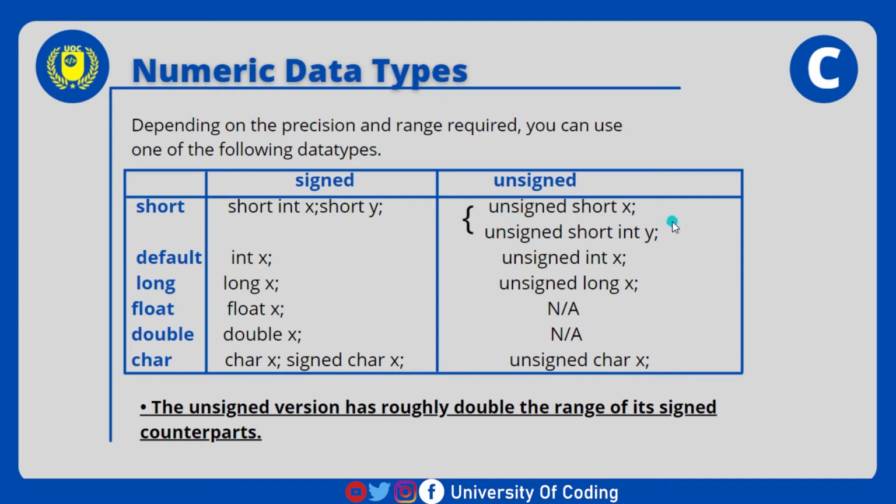So let us understand the differences between signed and unsigned declaration. Here I have just declared short int x, or let us suppose I have declared short x. That variable x can take the values right from minus 32,768 all the way up to plus 32,767.